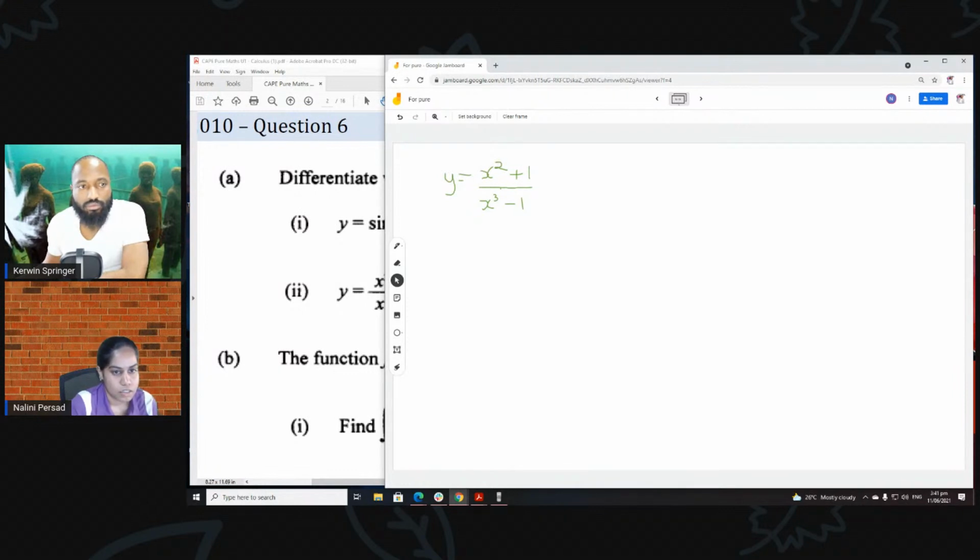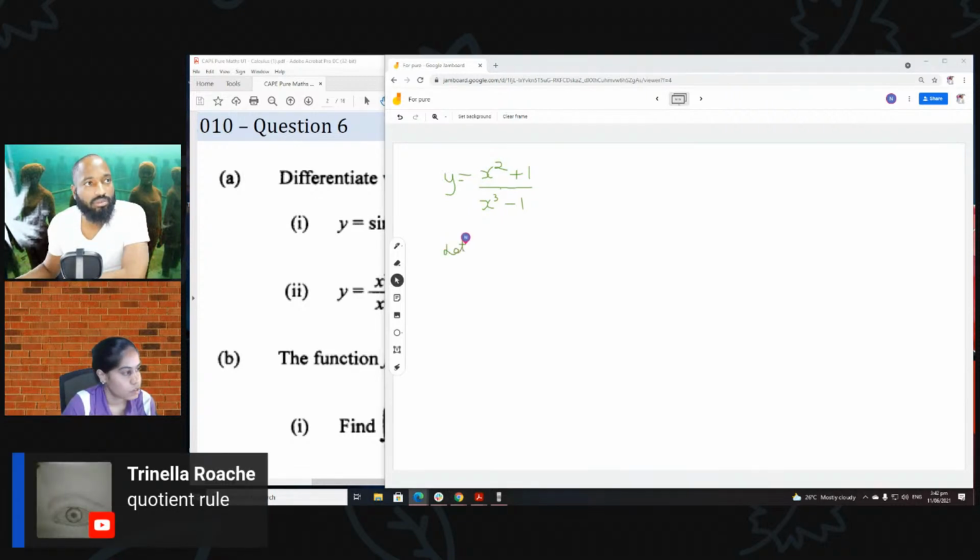Quotient rule. It's of the form y is equal to u over v. So let's state what u and v are. Let u be equal to x squared plus 1, and let v be equal to x cubed minus 1.